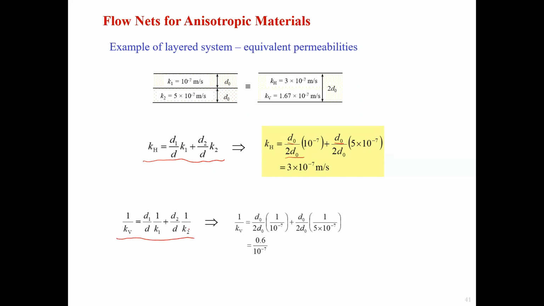Again, we can easily get the value for KV according to this expression. If we have another layer, a third layer, then we just add another term to do the calculation as well. I think this is quite straightforward, right? Maybe I can just go ahead.